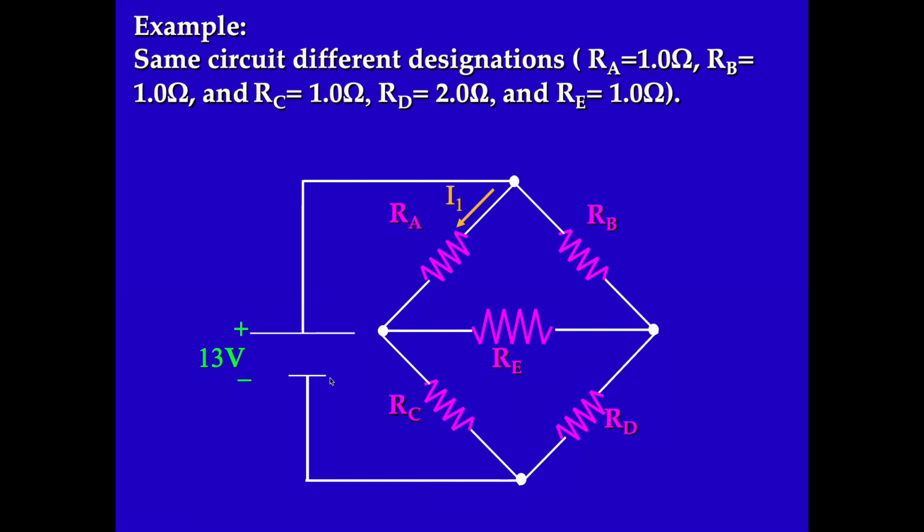I'm going to designate I1, I2, and I3 as before. I'm going to call that I4 and then I5. But I'm going to call the total current I4 plus I5. So what's going through here is I4 plus I5.